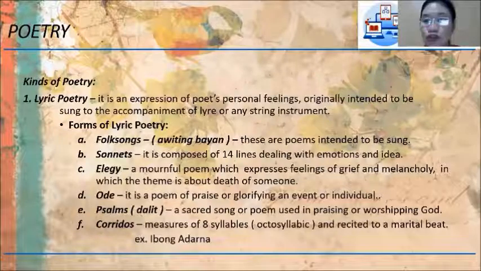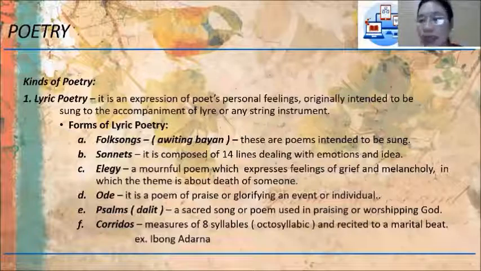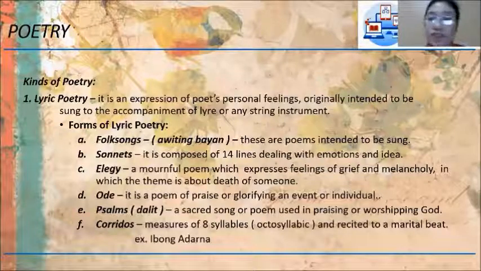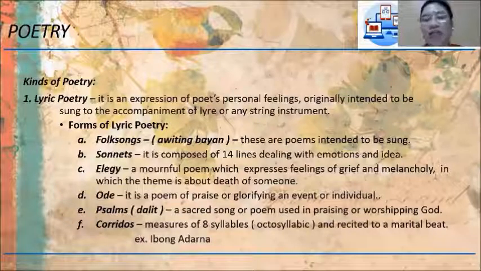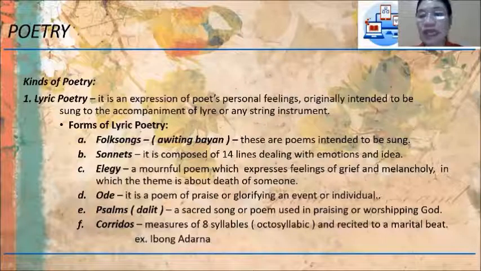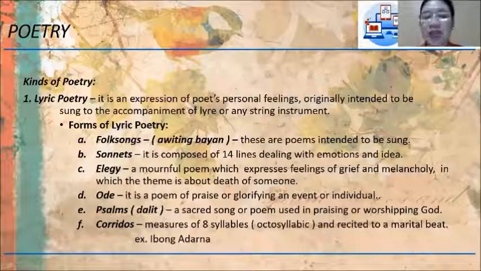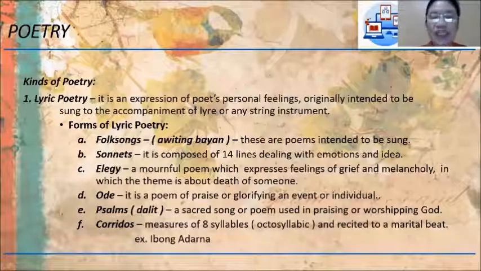We have folk songs or awiting bayan. These are poems intended to be sung. So it can be recited, it can also be sung. Now, sonnets are composed of 14 lines dealing with emotions and ideas. Now, we have also elegy.